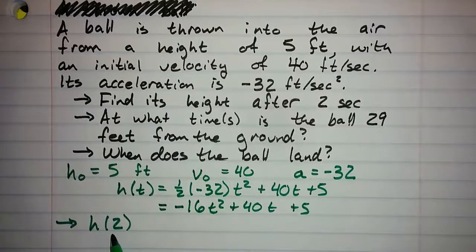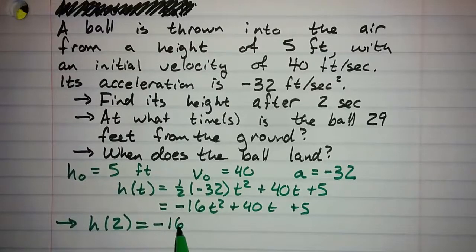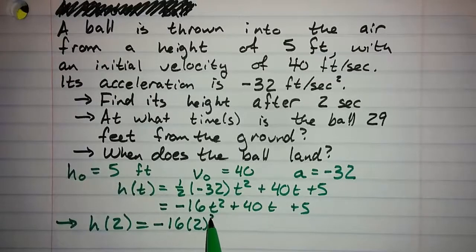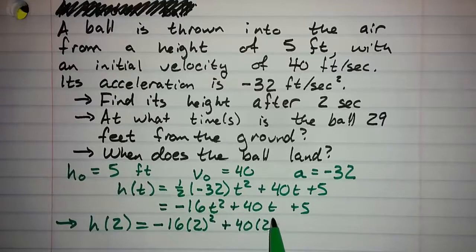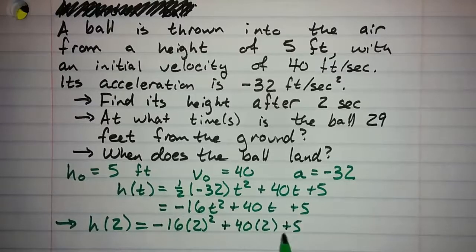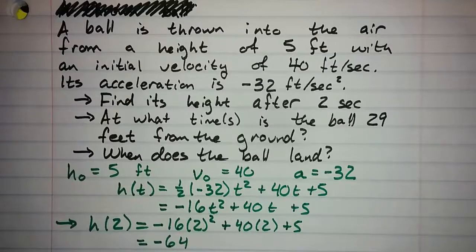Pause the video now and see if you can compute h of 2. I just plug in 2 for t, right? Negative 16 times 2 squared plus 40 times 2 plus 5. 2 squared is 4. 4 times negative 16 is negative 64.